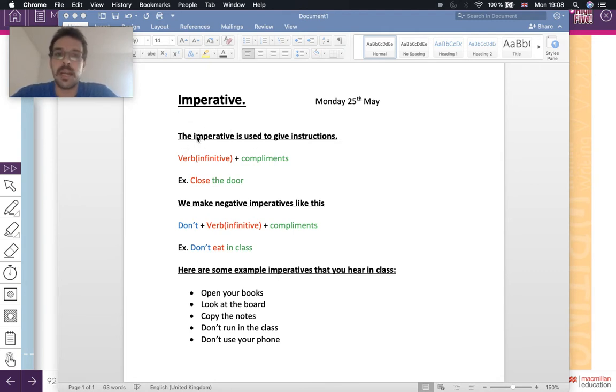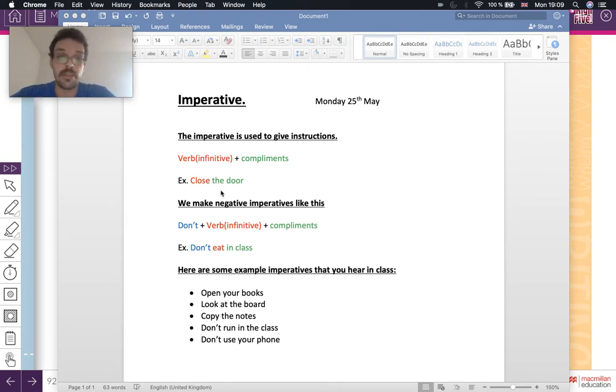So the imperative. The imperative is used to give instructions. When we give people instructions, we use this type of language. It's very, very easy. All you need is a verb and the extra words that go with it, the complements. So as you can see here, I'll just put verb in the infinitive, which is the normal form, plus complements.